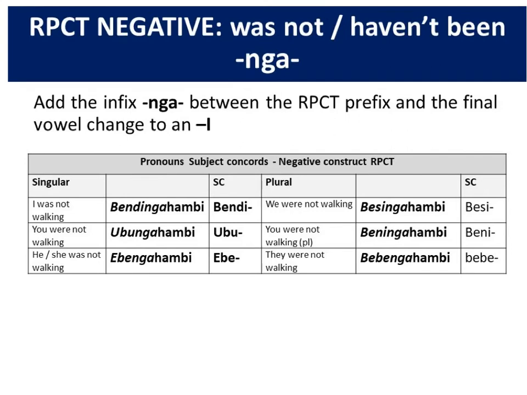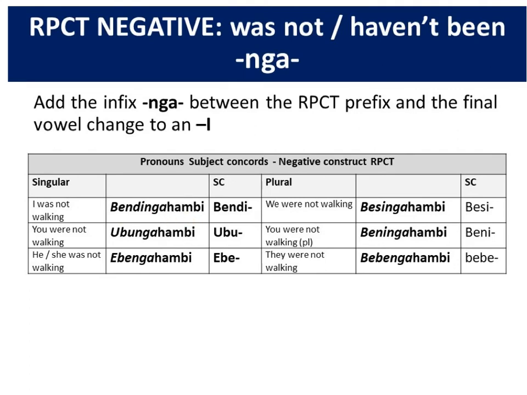It is going to use the normal recent past subject concords that we've just learned, for example, bendi or ubu. But what happens is a nga is added between your prefix and your verb.